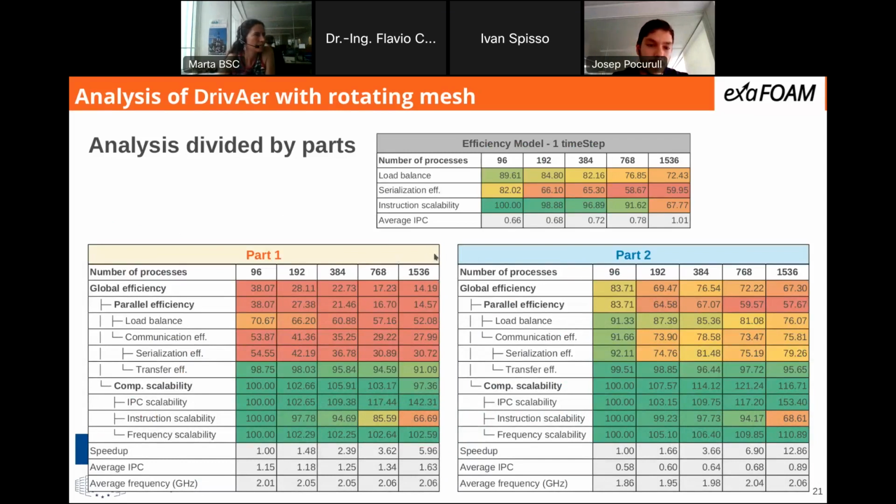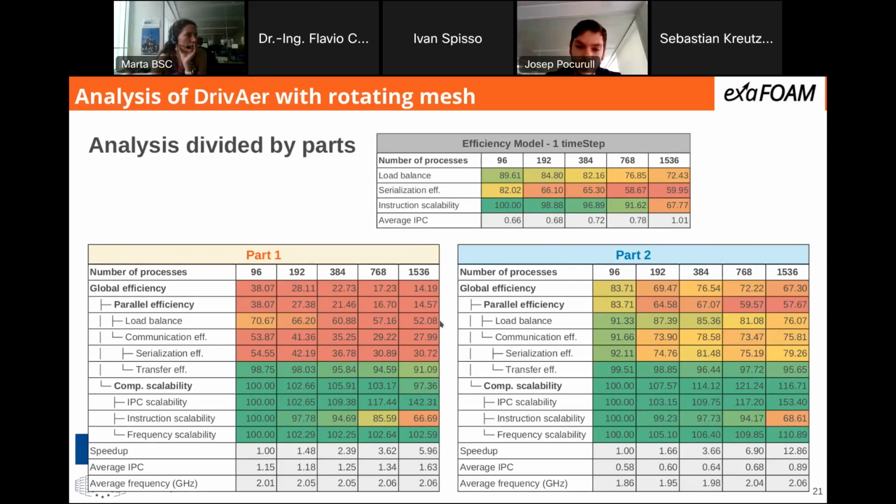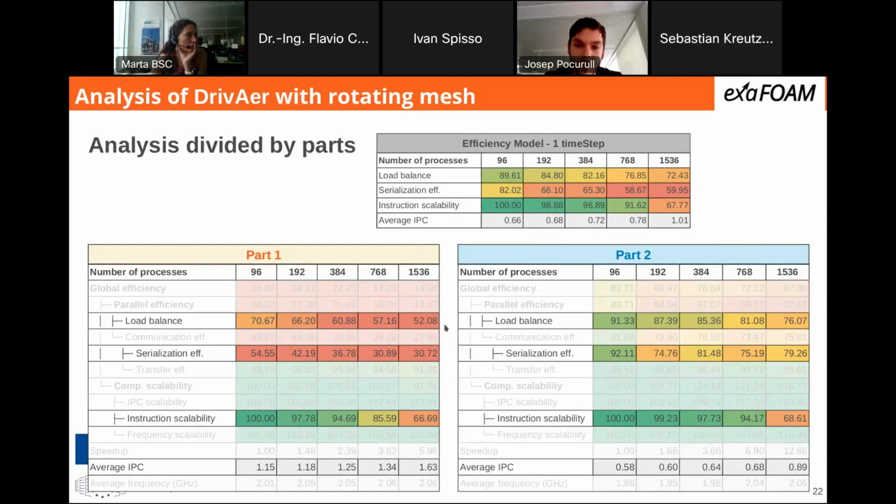In part one, we saw that there are more values in red, and part two is also bad, but not as bad as part one. Let me highlight the problems here. At the top we see the four metrics that we saw in one time step, like a summary of what we saw before.